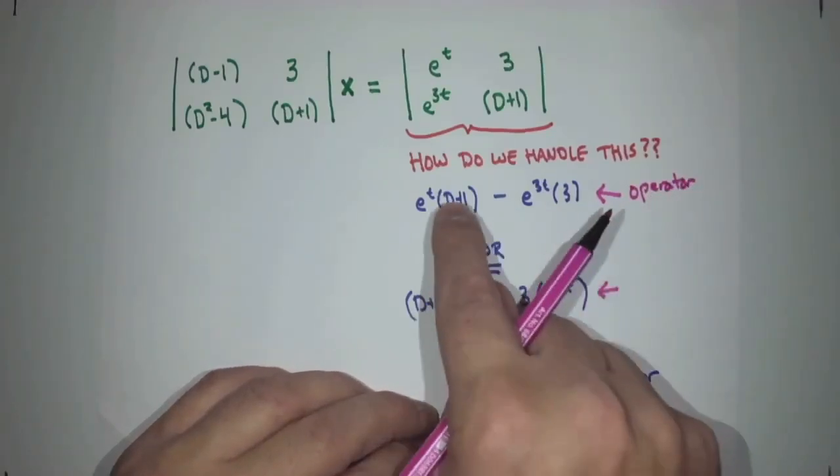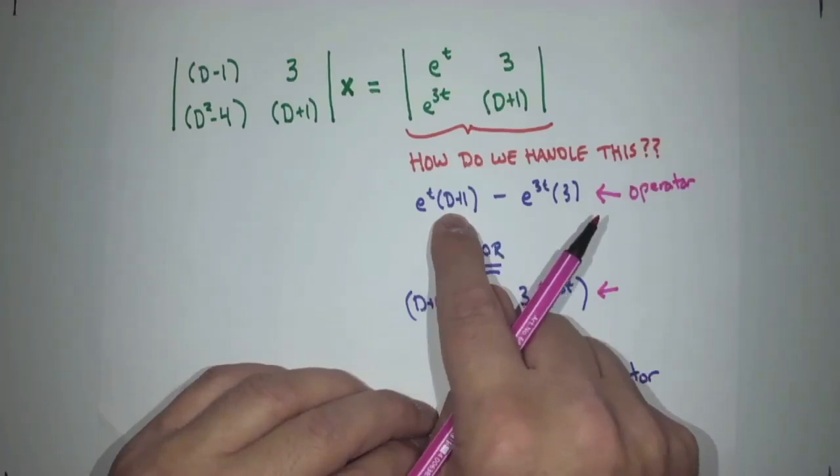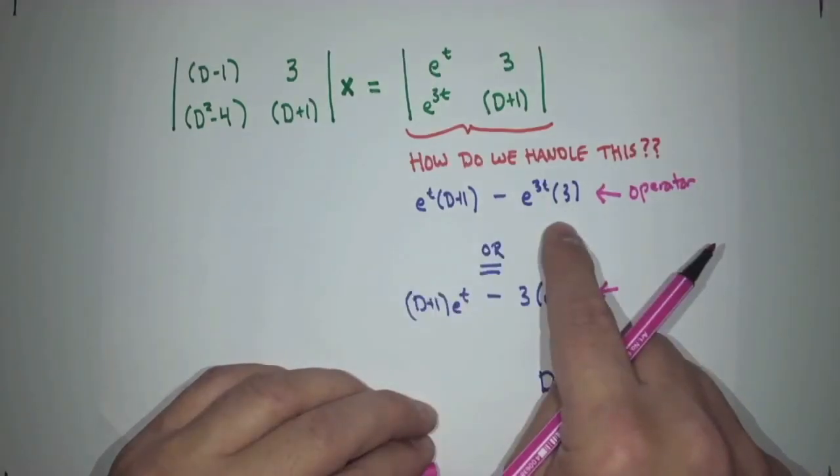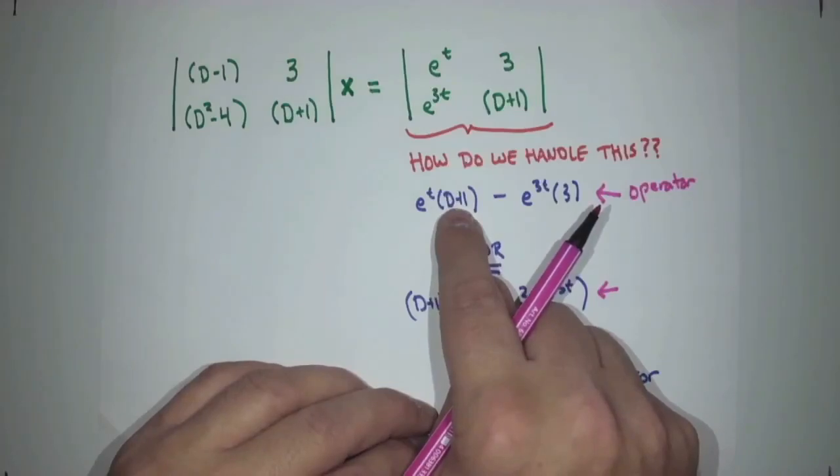Now, why is it an operator? You see this D here? In order for it to be a function, what needs to have happened to it? It needs to have operated on something. There's nothing for it to operate on yet. It's an operator waiting for something to show up.